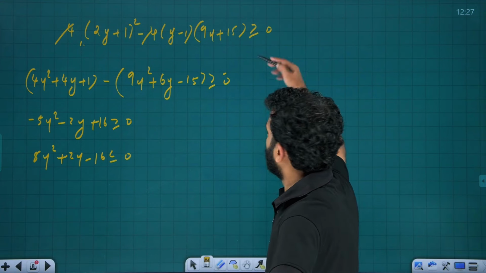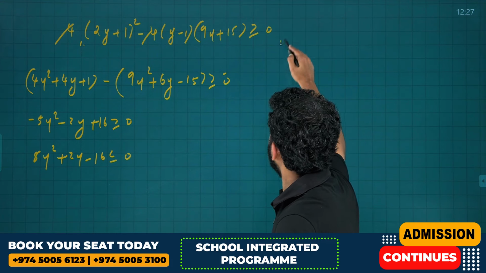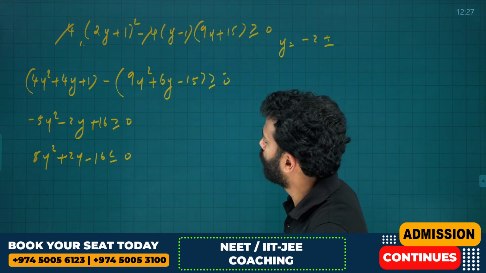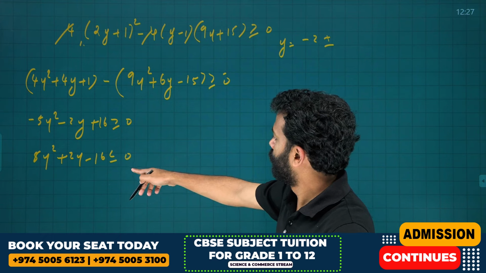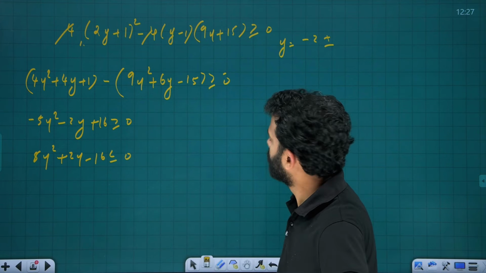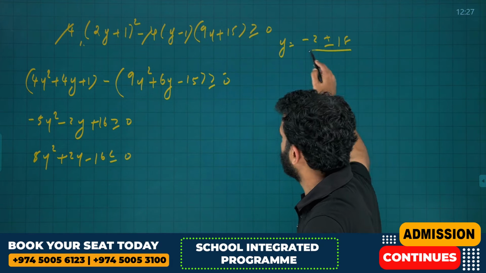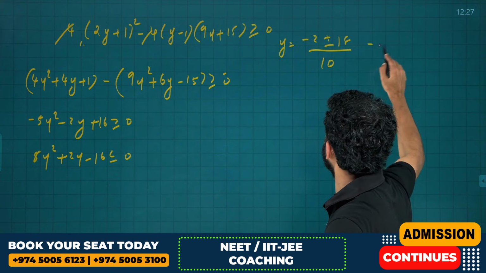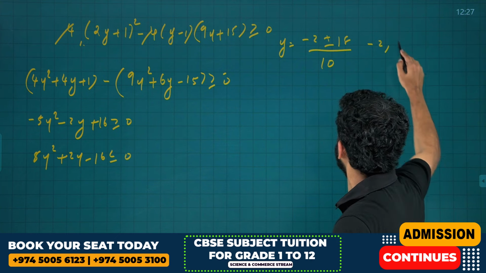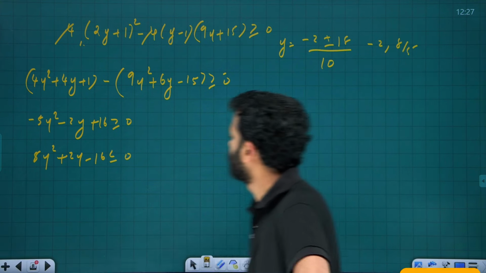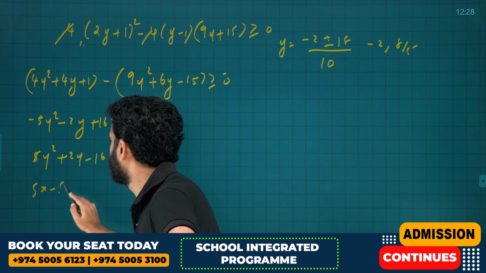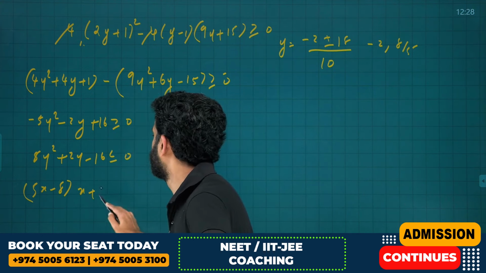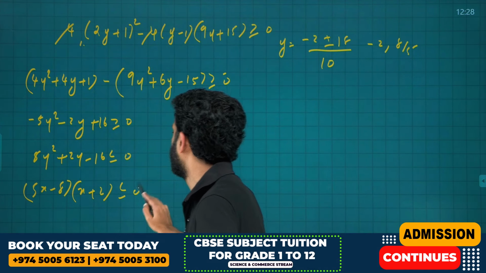Or we can go for the quadratic equation method, that is y = (-2 ± √(4 + 4·80))/10, that is 324, that is 18 by 10, so minus 20 by 10 is minus 2 and 16 by 10 is what? 8 by 5. That is (5y - 8)(y + 2) less than or equal to 0.